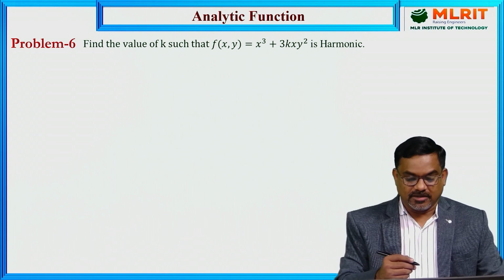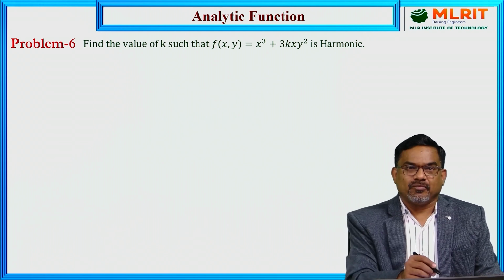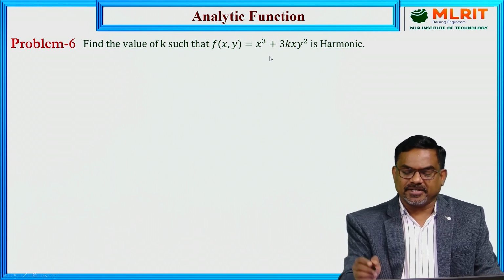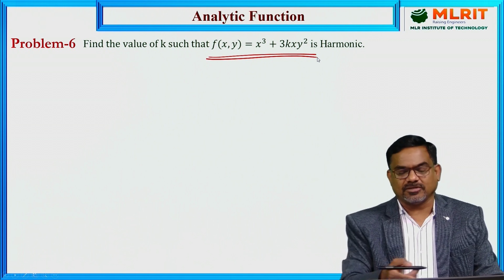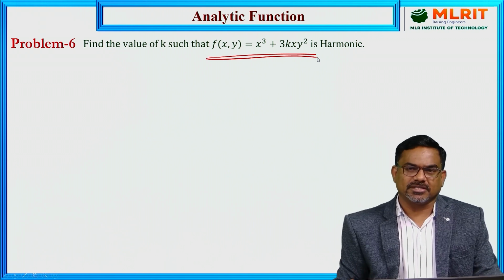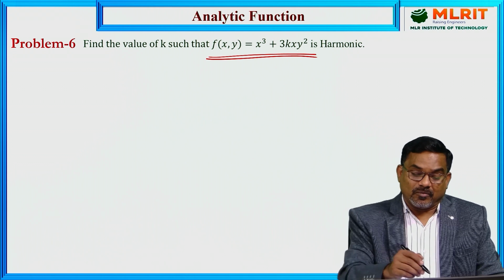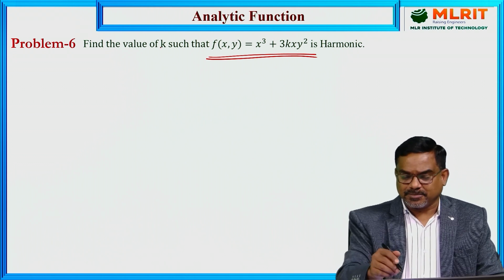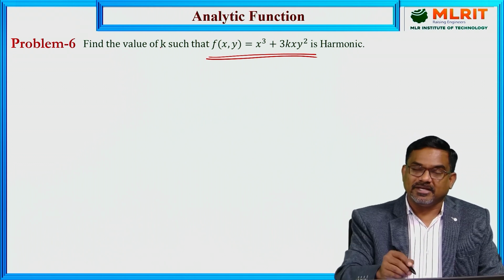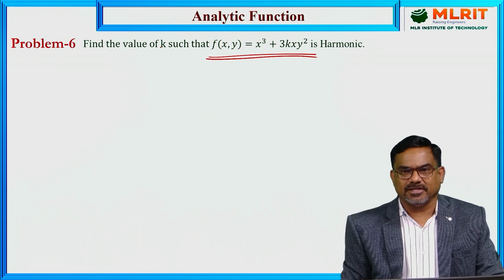And coming to the last one, find the value of k such that the function is harmonic. This problem is also similar to the third problem that we have discussed in analytic functions. Here, we need to find the value of k under the assumption that the given function is harmonic. That means the given function satisfies the Laplace equation.